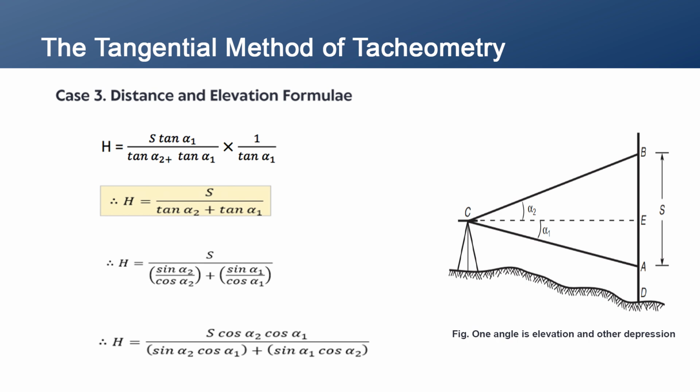Tan is sine by cos. Therefore, H = S / (sin α2/cos α2 + sin α1/cos α1).